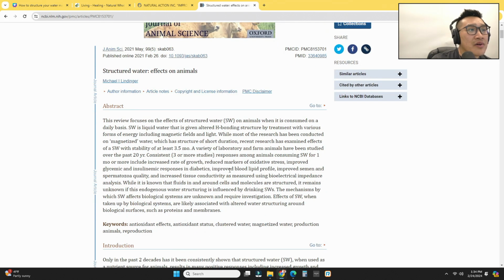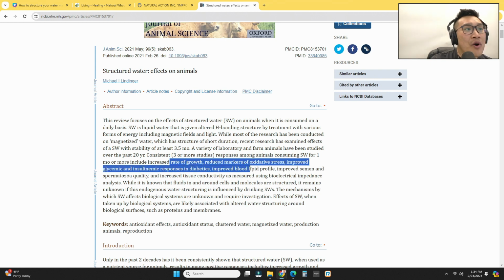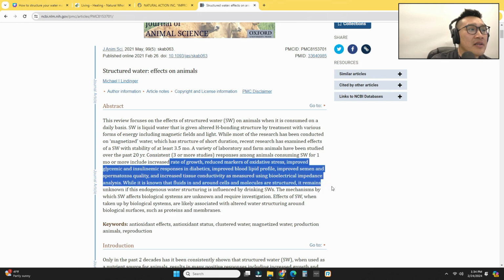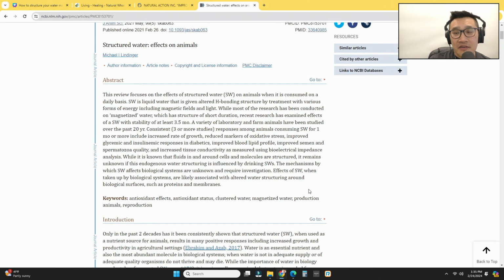The findings were that the animals given structured water had an increased rate of growth, reduced markers for oxidative stress, improved glycemic and insulinic responses in diabetes, improved blood lipid profile, improved semen and spermatozoa quality, and increased tissue conductivity as measured using bioelectrical impedance analysis. So structured water, believe it or not, has a huge impact. And I am about to show you how to go about doing it.